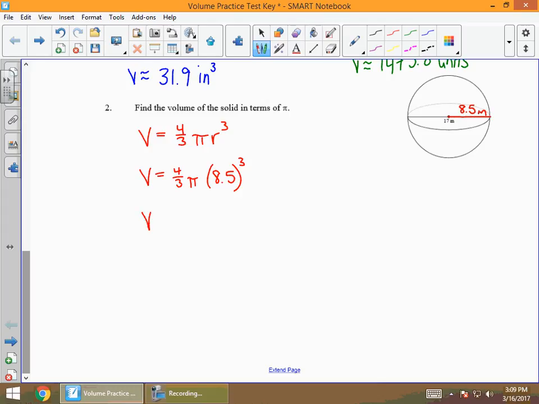It says leave it in terms of pi. So when I do 4/3 times 8.5 cubed, I'll get 818.8333. So I'll just round it to a decimal point. So about 818.8 pi, and my units are meters. So meters cubed. And that takes care of page 1.